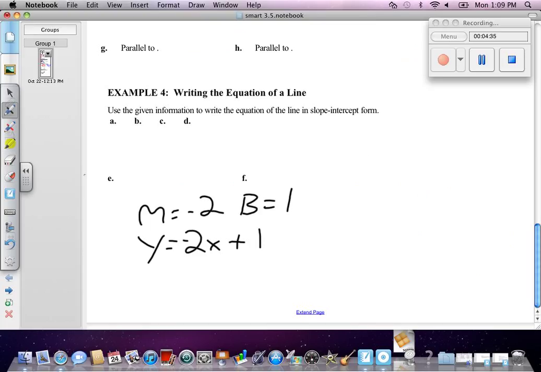Should we try another one, or are we okay? Do another one? How about C? The slope is negative 2/5, and the y-intercept is negative 3. So I get y equals negative 2/5 x minus 3.